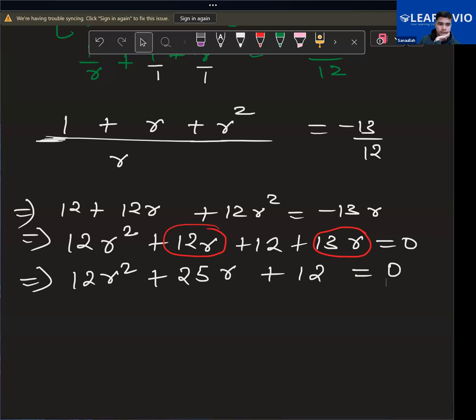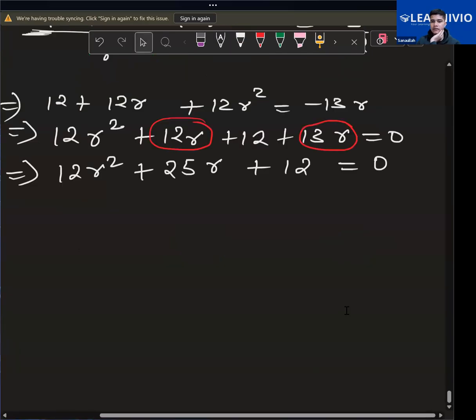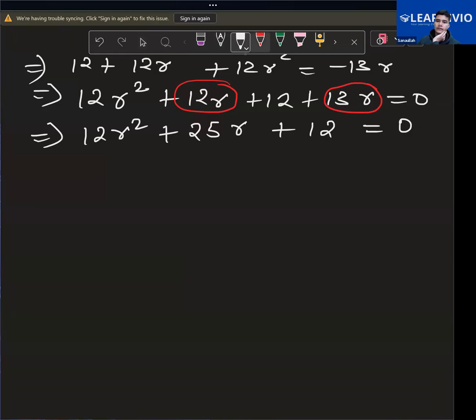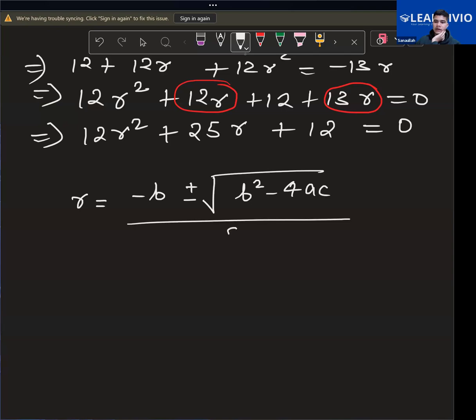Yes, sir. Now this is a quadratic equation: 12r square plus 25r plus 12. So I can solve this using the quadratic formula. That is, r is minus b plus minus under root b square minus 4ac over 2a.